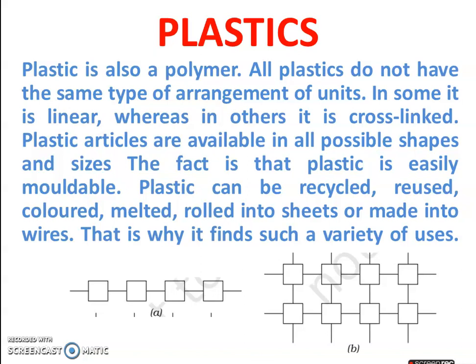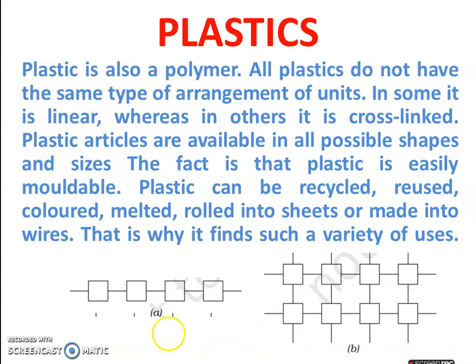Plastic is also a polymer. As we know, polymer means poly plus mer, which means many units. So plastic is also a polymer. All plastics do not have the same type of arrangement of units.